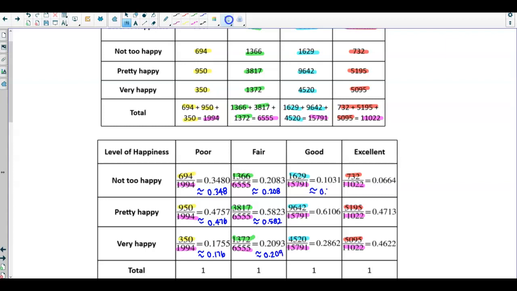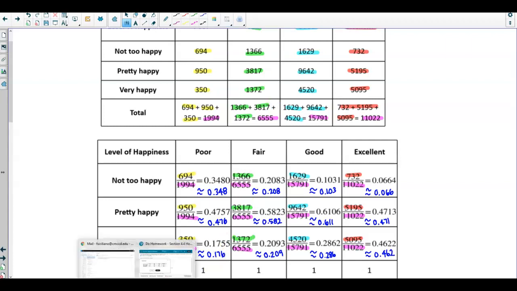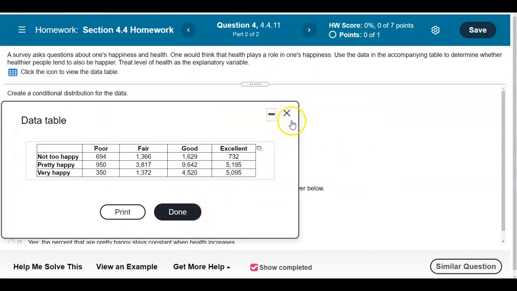Here we have 0.103, 0.611, 0.286, 0.066, 0.471, and 0.462. And now we're going to enter those values into our question here.